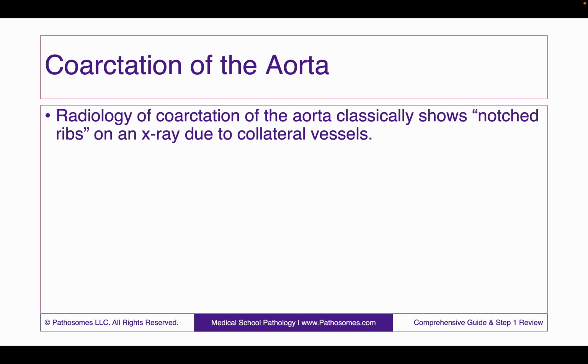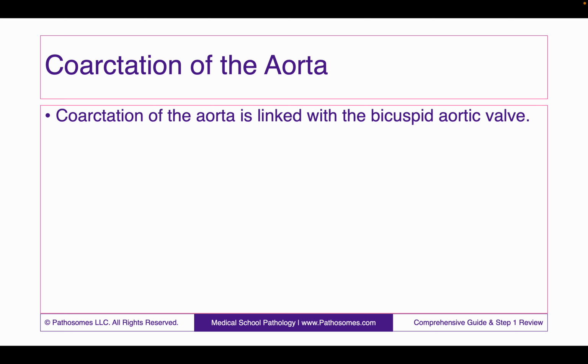Radiology of coarctation of the aorta classically shows notched ribs on chest x-ray due to collateral vessels. Coarctation of the aorta is linked with bicuspid aortic valve.